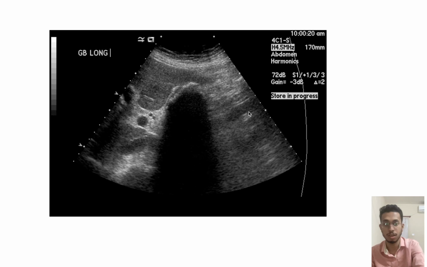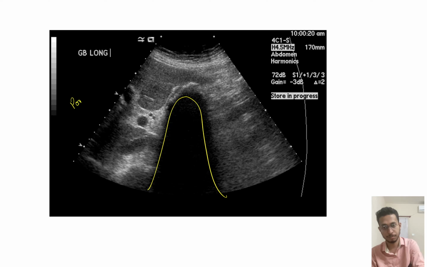All right. So, what is this picture showing? This picture is showing us a large posterior dense shadow. This large posterior dense shadow is suggestive of porcelain GB.